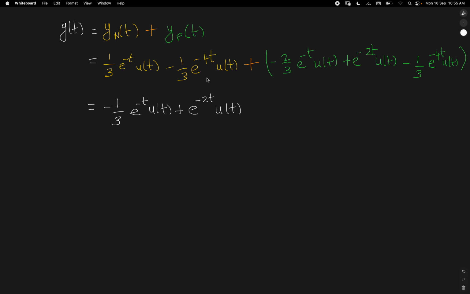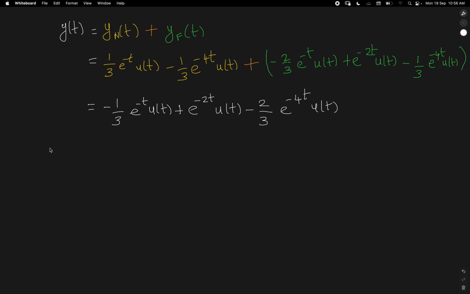Considering the third term e^(−4t) u(t), its coefficient is −1/3 here and also −1/3 here, so adding them together results in −2/3 e^(−4t) u(t).